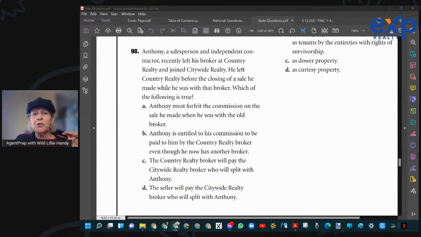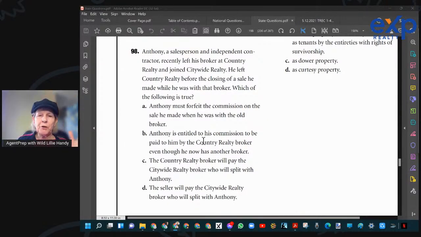Anthony, a salesperson and independent contractor, recently left his or her broker at Country Realty and joined Citywide Realty. So a realtor moves from one company to another. He left Country Realty before closing a sale he made when he was with that broker. Which of the following is true? So what happens if you have a contract and you move to another broker?